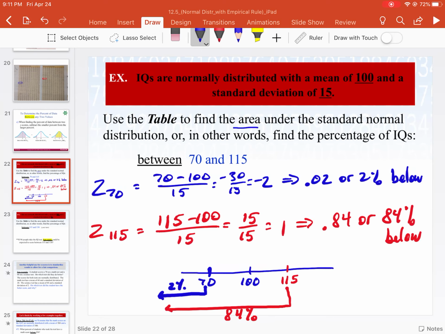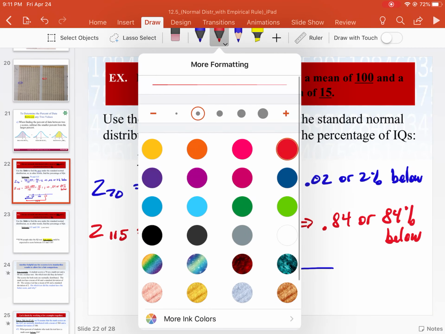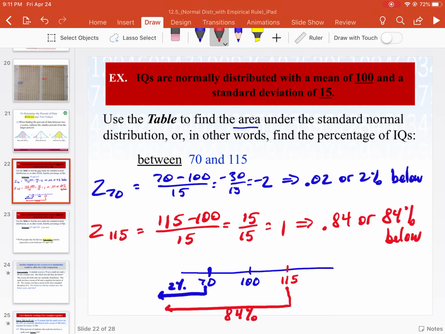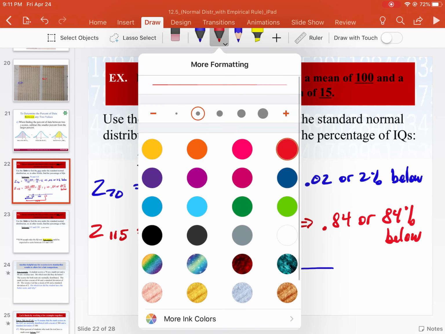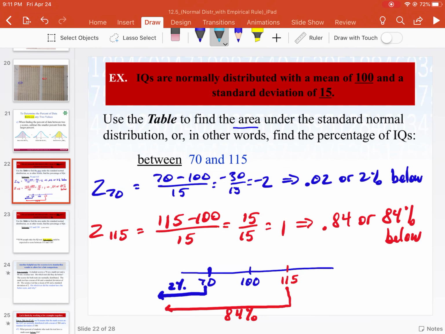Okay, so visually, can you see? We want right here. We want the between. Well, if it's 84% from the 115 all the way down, and it's 2% from the 70 on down, what's between that? You subtract.